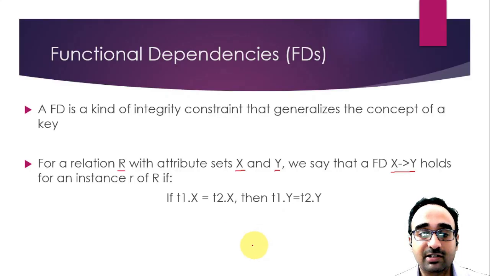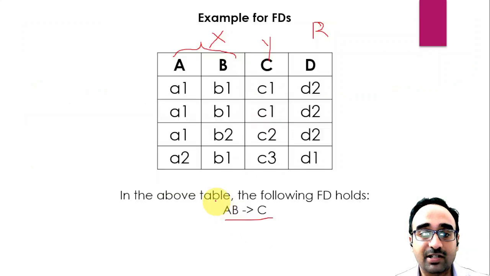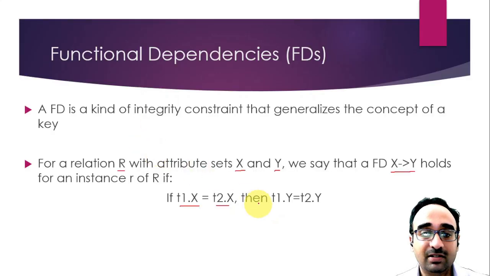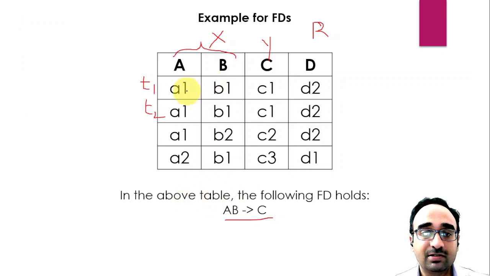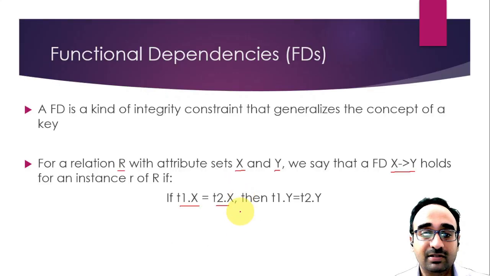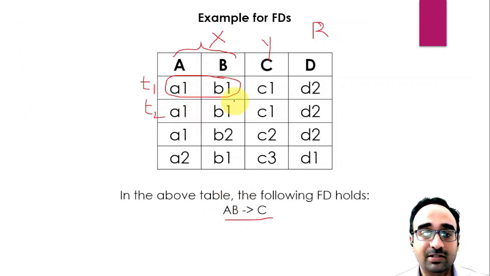When can we say that? If t1.X equals t2.X, so let's say this is t1 and this row is t2. So t1.X means this one, a1 b1, equal to t2.X means this one.